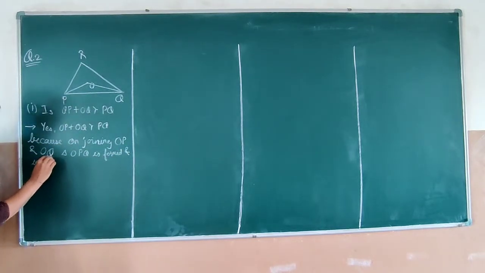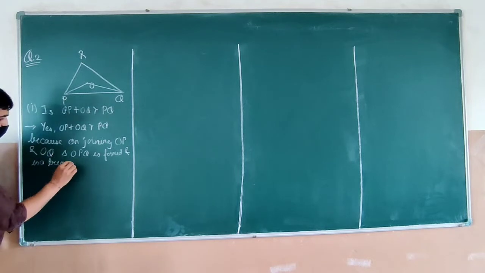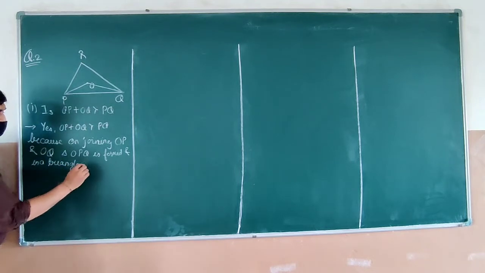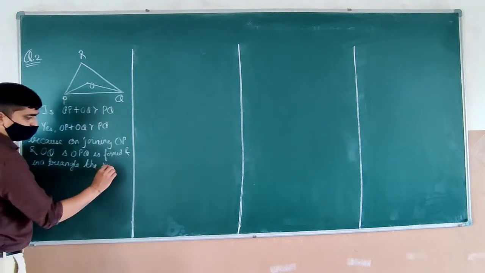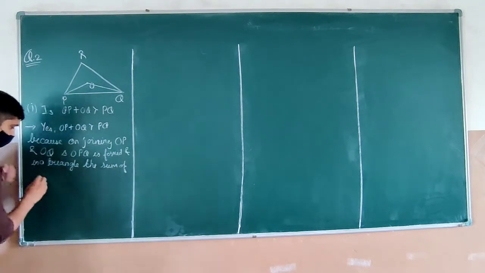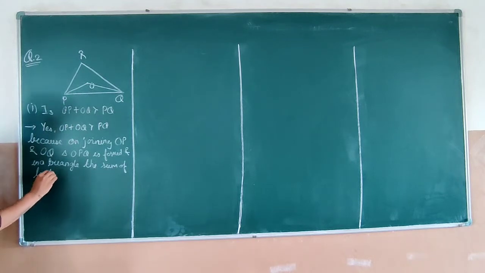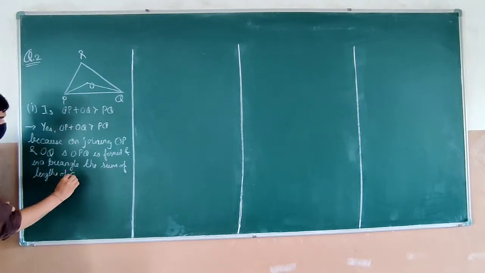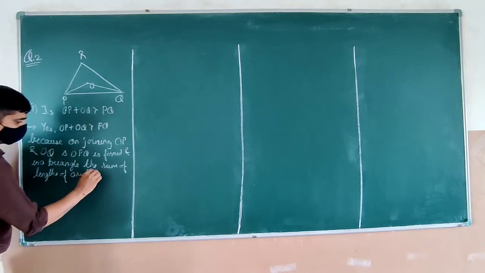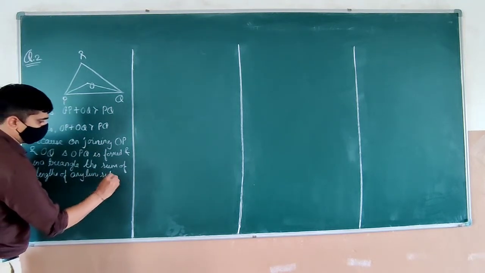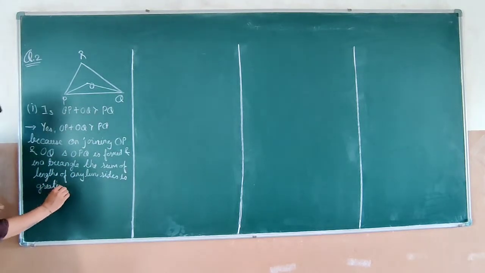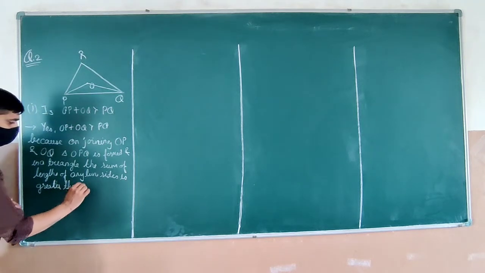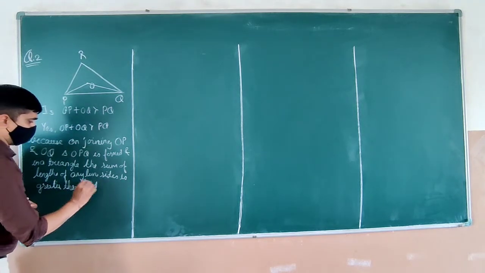And in a triangle, the sum of the lengths of any two sides is greater than the third side.